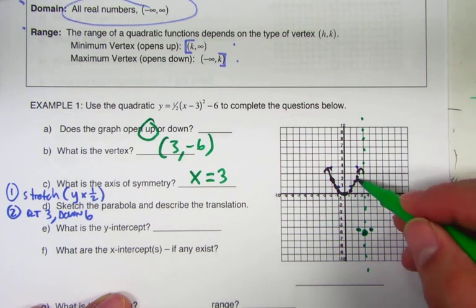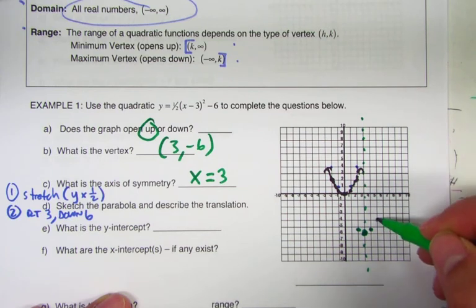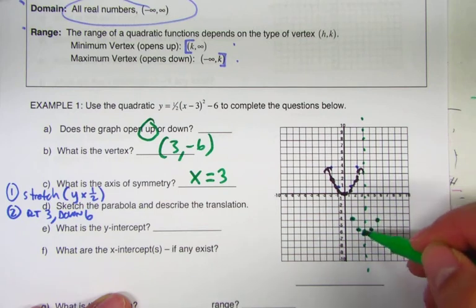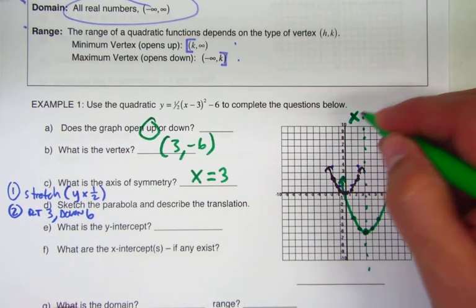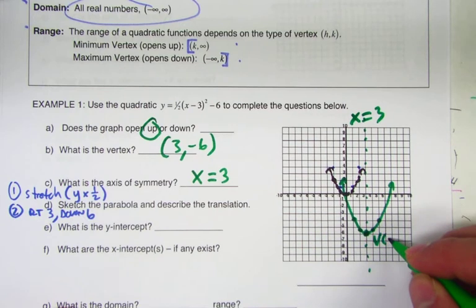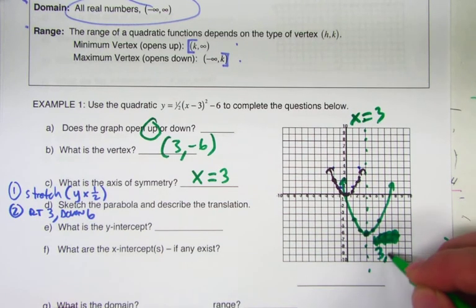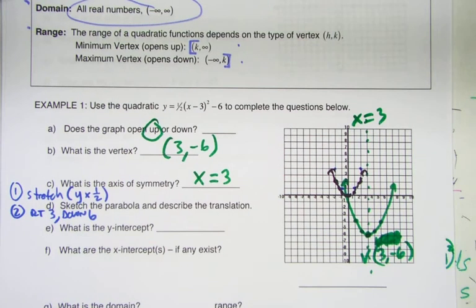This point that was up at 2, if I shift right 3 and then down 6, is now going to be at negative 4. And so here's what my parabola looks like. Okay. Axis of symmetry is x equals 3. Here's my vertex right here. It's at negative, oops, I meant 3, negative 6. That's the vertex.